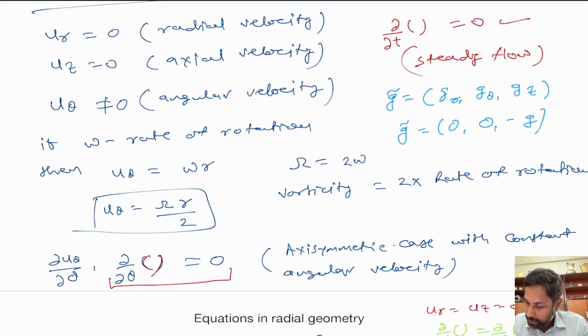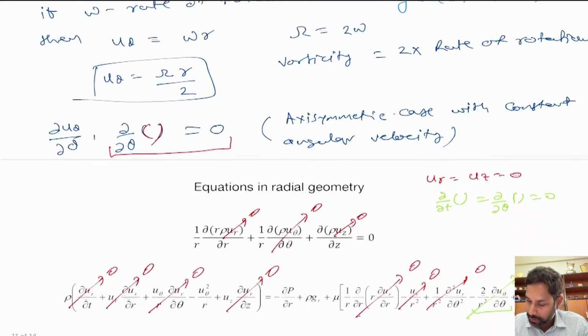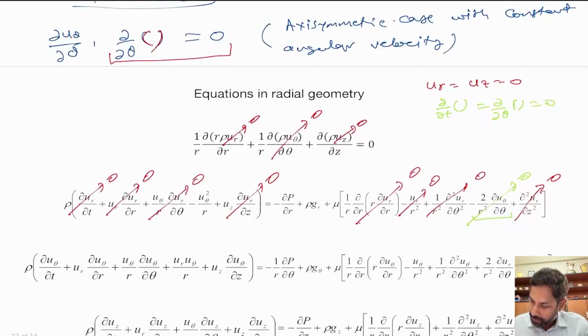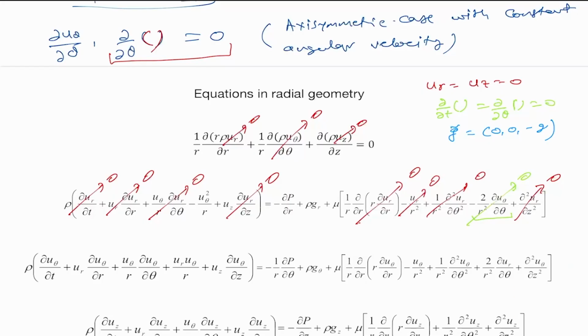So that is our g value, which is minus g for the z direction but 0 for the other two. We can write that here as 0, 0, minus g, and that is why this also becomes 0.